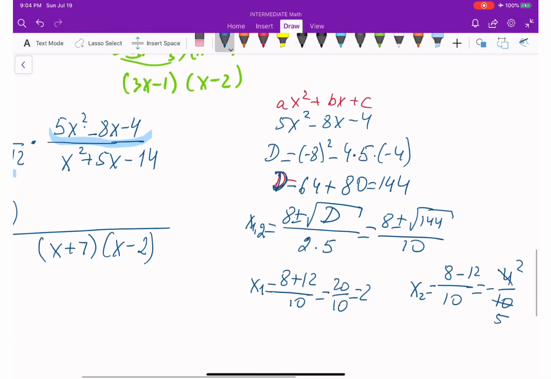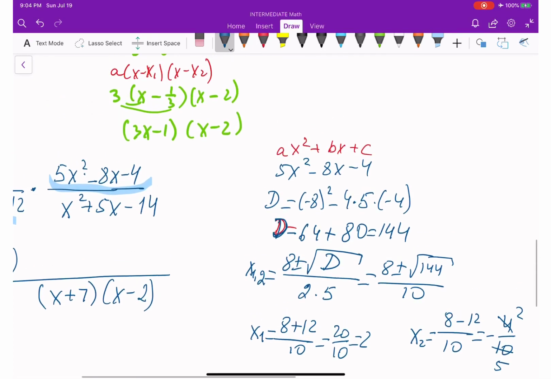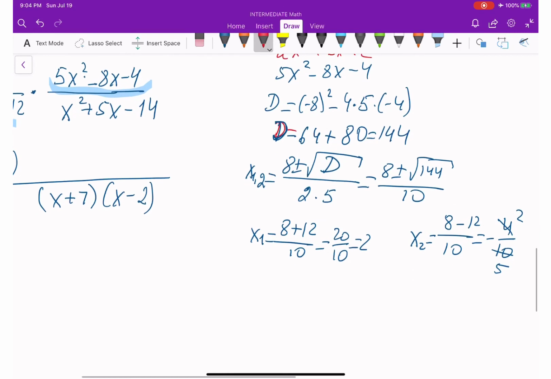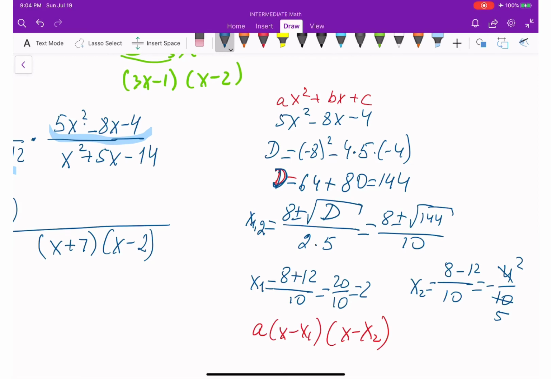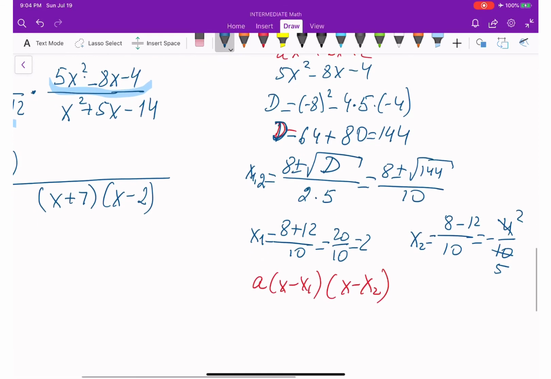Okay, so applying Vieta's theorem, we can break down a factor, that's a times (x minus x1)(x minus x2). Again, you can find the video and watch it. So for ax squared plus bx plus c factoring, our a is 5. x minus x1, I have negative 2 over 5, so with this negative it will be positive 2 over 5.